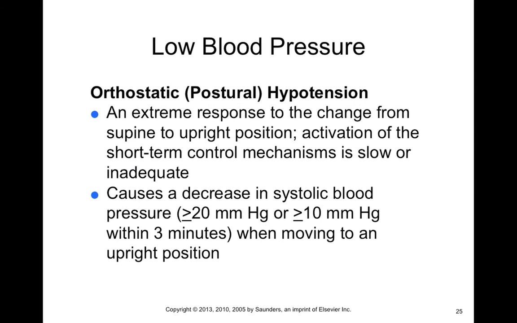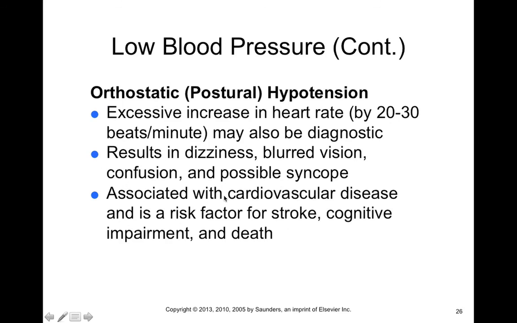Now, low blood pressure can come about in several different ways. Things like orthostatic or postural hypotension is an extreme response to a change from supine to upright position. So if someone goes from a laying down position to standing up, and you don't see rapid enough rises in blood pressure to help with cerebral perfusion, this can lead to orthostatic hypotension, which can lead to loss of consciousness.